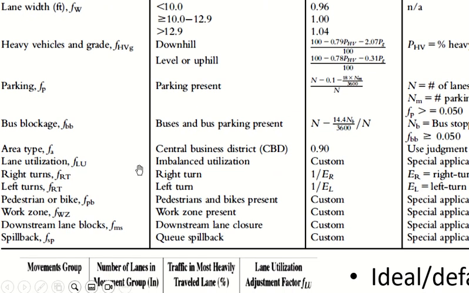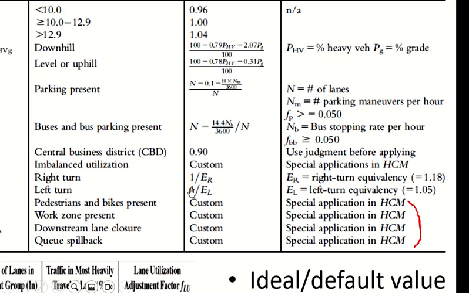Next, the factor for right turning is 1 upon ER, where ER is 1.18. Factor for left turning is 1 upon EL, where EL is 1.05. These are equivalency factors. We had equivalency factors for freeways in the case of heavy vehicles. So what does equivalency factor mean? It is the effect of this vehicle compared to a normal vehicle.